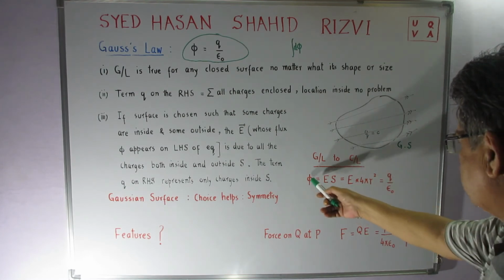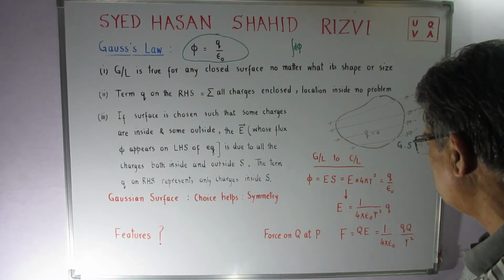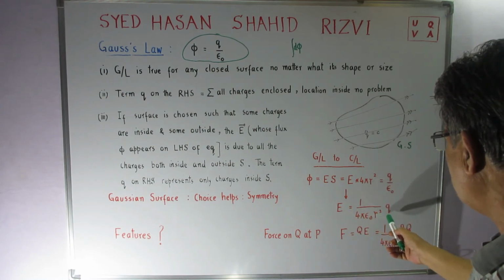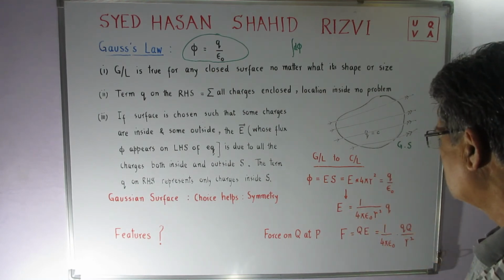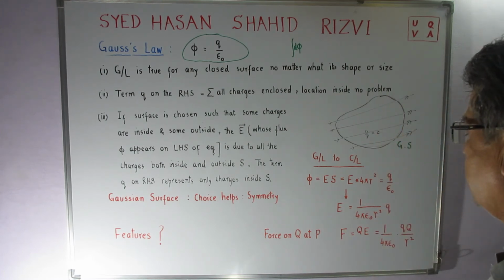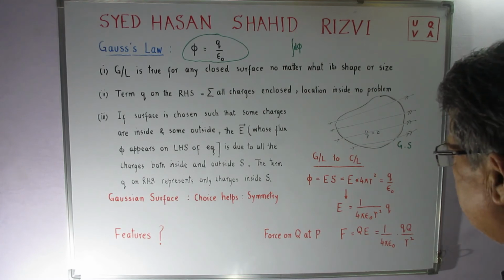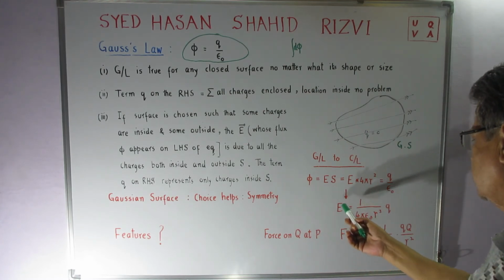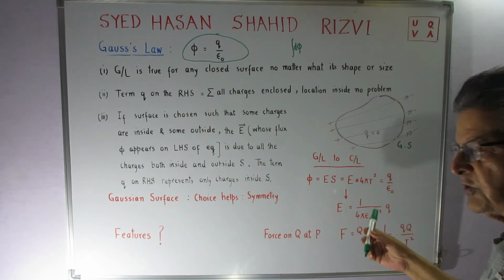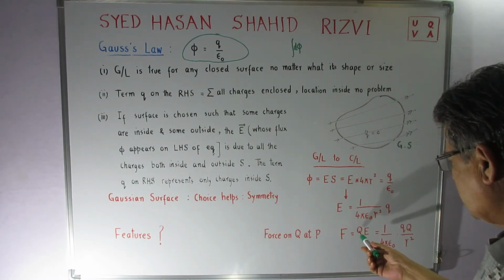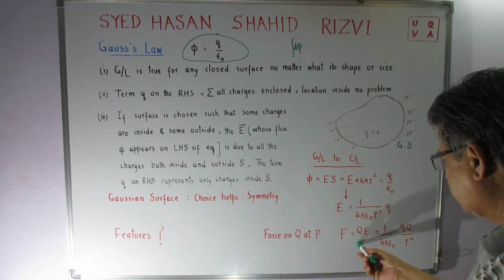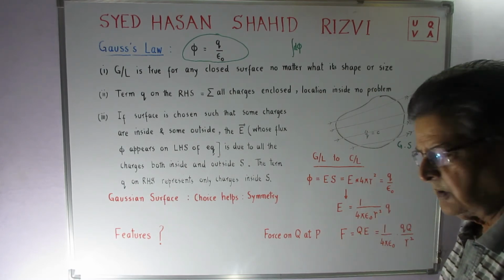So this becomes phi is equal to q upon epsilon naught. So from here I can write the equation E is equal to 1 upon 4 pi epsilon naught r square into q, right? And by the definition of electric field, the electric field is equal to force divided by the test charge, and test charge in this case I have taken as equal to capital Q, right?